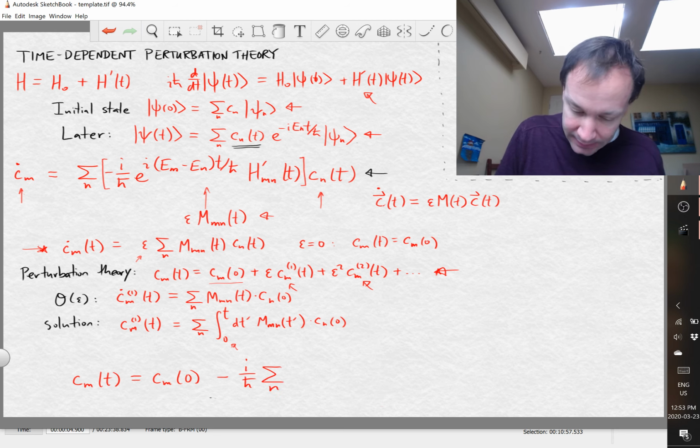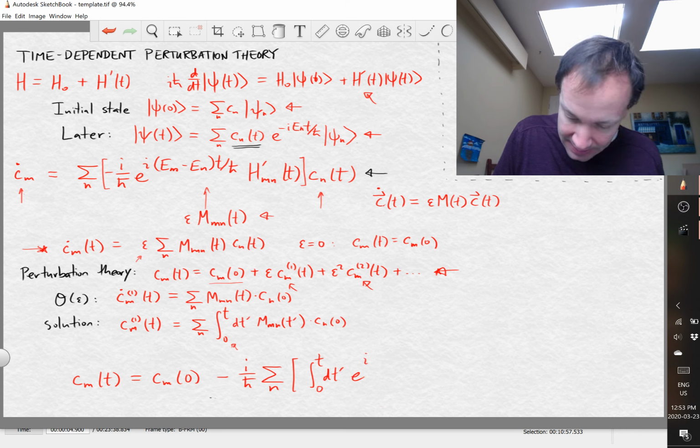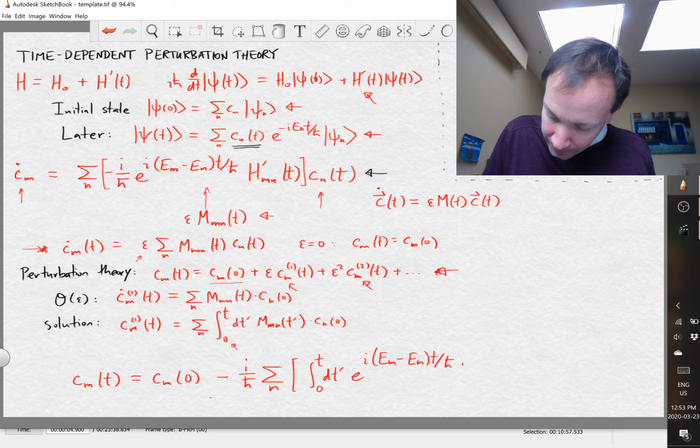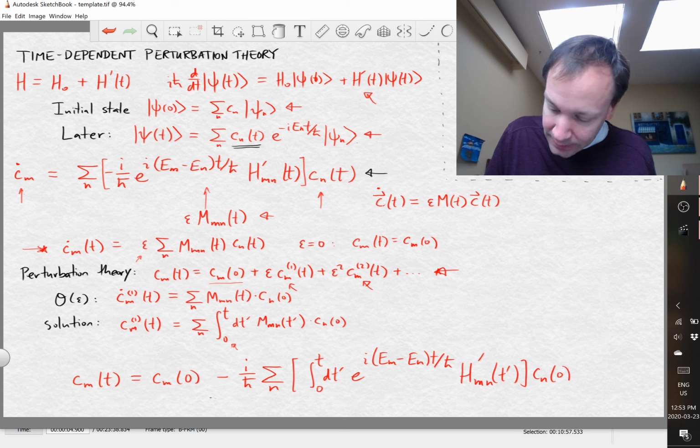sum over n, and then integral from 0 to t dt prime e to the i (Em minus En) t prime over h bar. Now we have our matrix elements, and then finally the coefficients that determine our initial state.